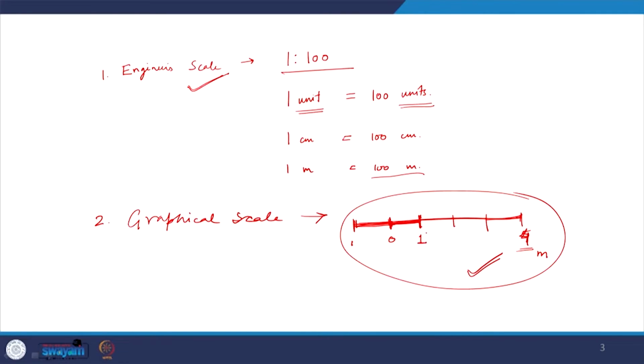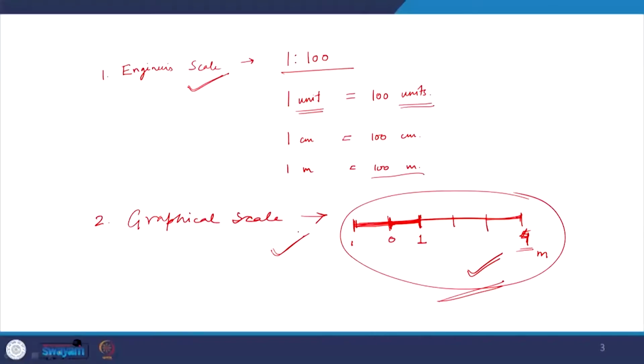So, the paper has shrunk, this particular distance has also shrunk simultaneously, and that is how graphical scales are used: to measure it using a tool and then read the dimension. That is the intent of using a graphical scale.